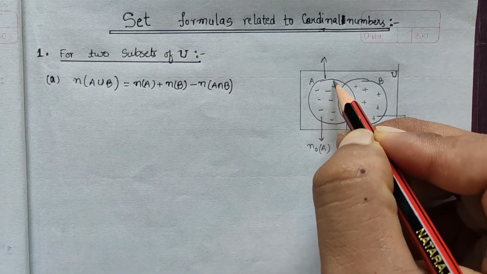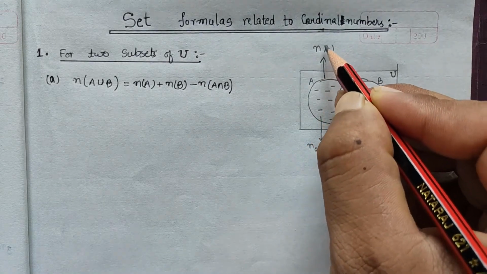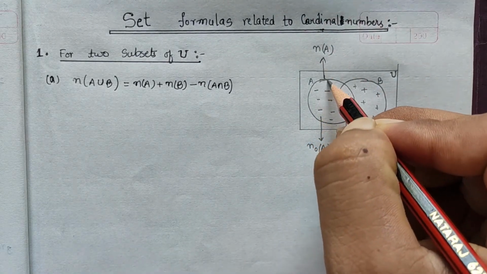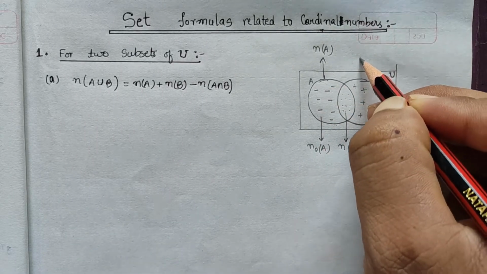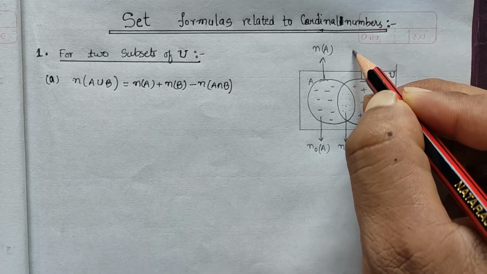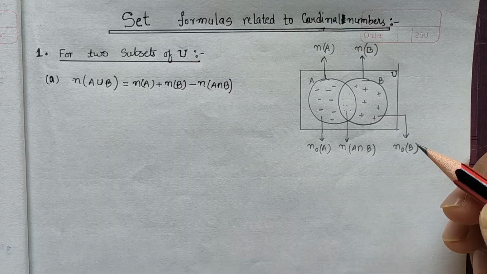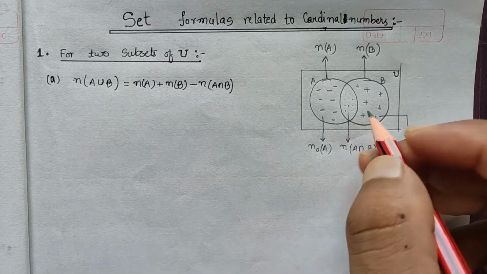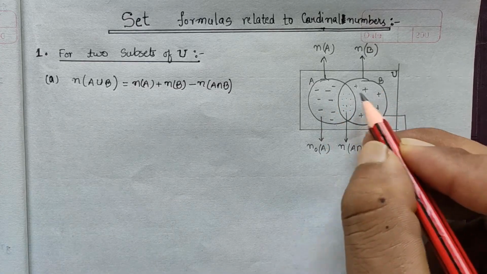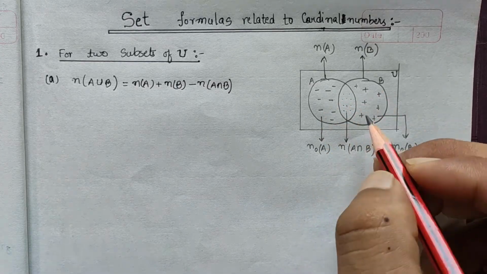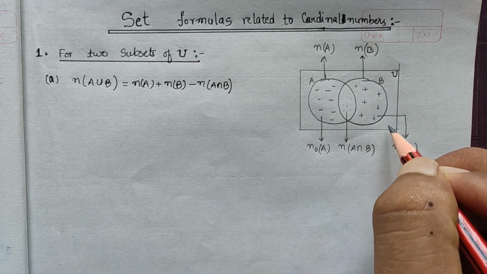this one. This circle represents n(A). This part represents n(A), and this circle represents n(B). Okay, and this outside part, these two A and B are here, and outside A and B, this space part that I have drawn nothing here.